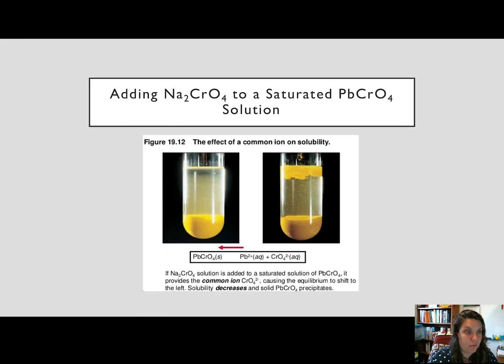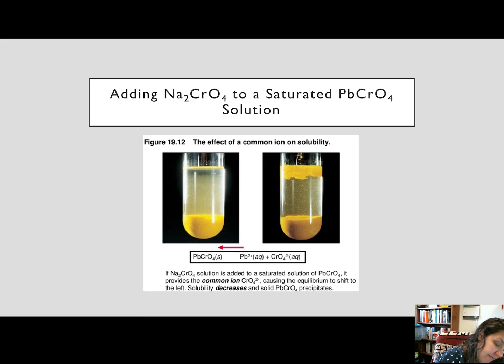So, you can also see the common ion effect when we look at things like an insoluble salt. Insoluble salts will actually have some amount of solubility, and by adding in a common ion, we will actually cause precipitation.